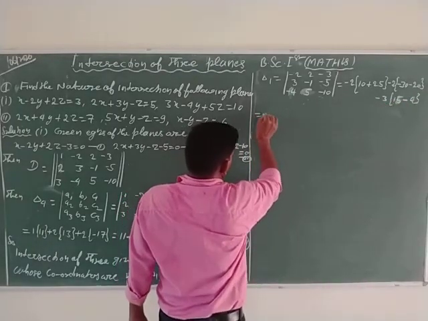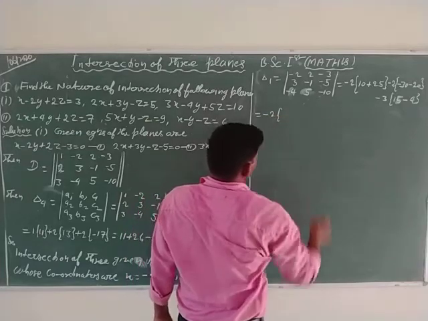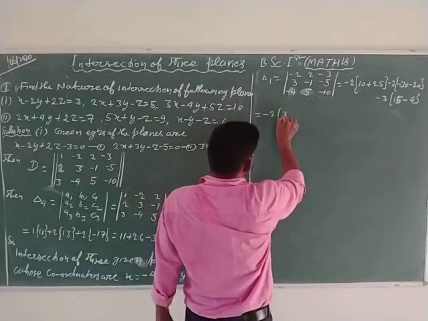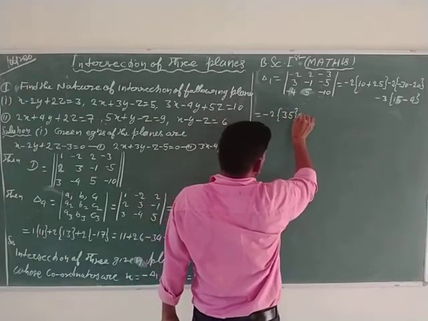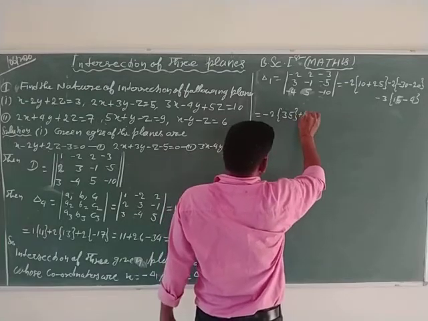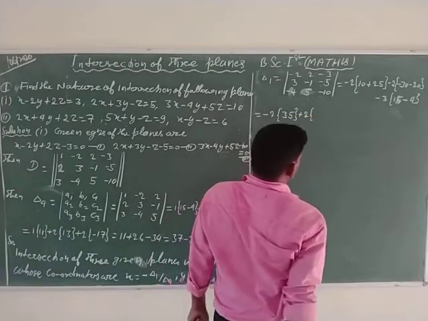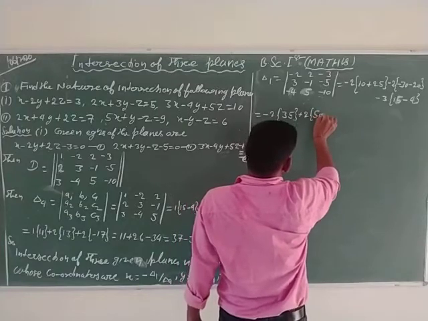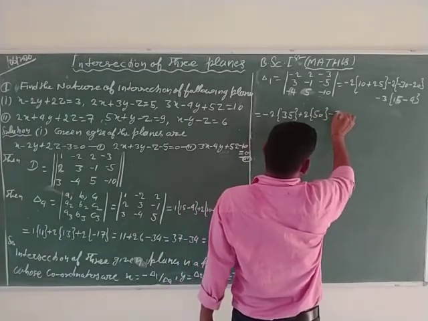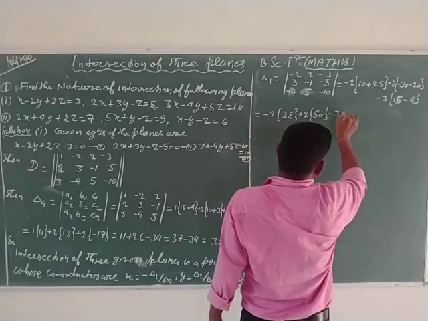Simplification of this bracket: minus 2, and write 10 plus 25 is equal to 35, and minus minus plus 2 in bracket write 30 plus 20 is equal to 50. At last minus 3 into 11.